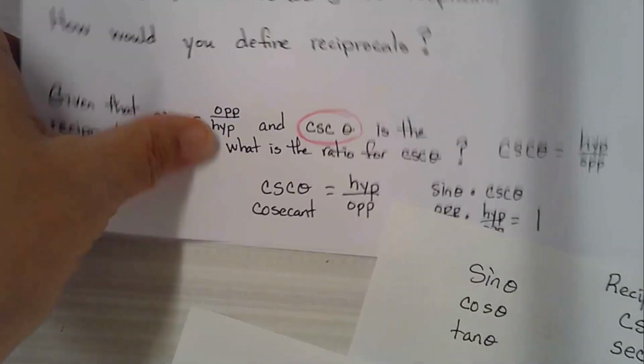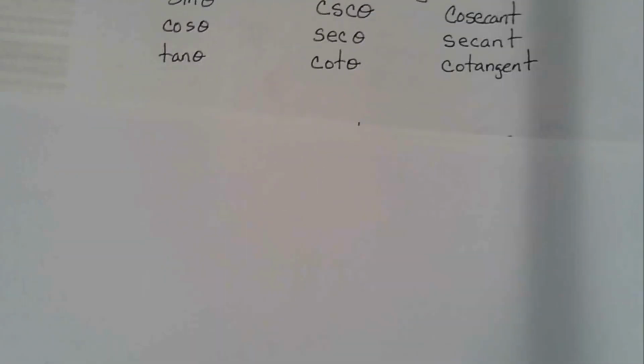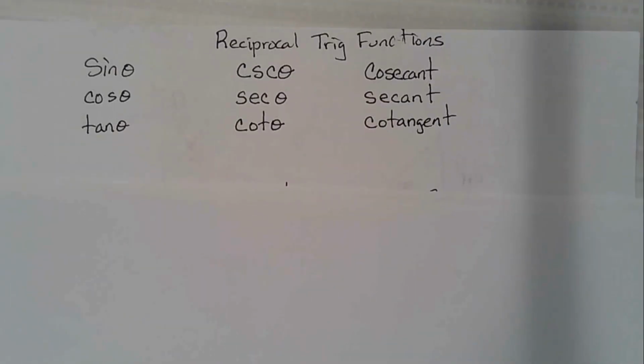So this is what I want you to write in your notes. Trig functions that we know about: sine theta, cosine theta, tangent theta. Each one of them has a reciprocal. These are the abbreviations.